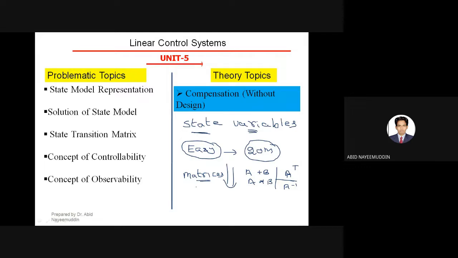Now in this class, I will explain the state model representation, which takes two classes as I am going at less speed, and after that each topic is only one class. So totally 6 hours are required in a slow manner to complete this whole syllabus.